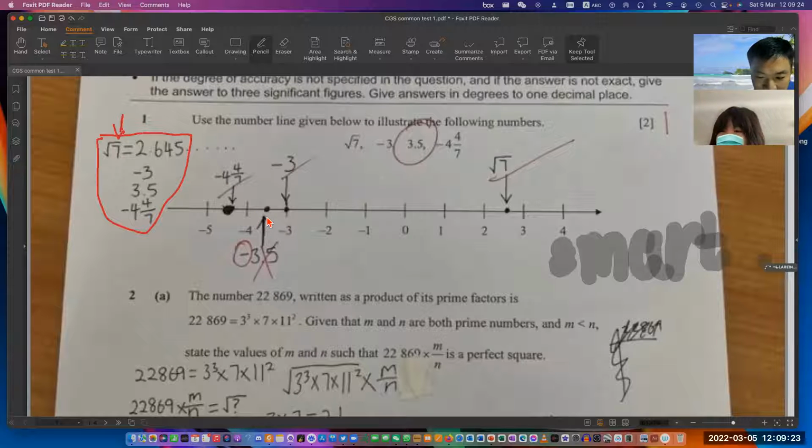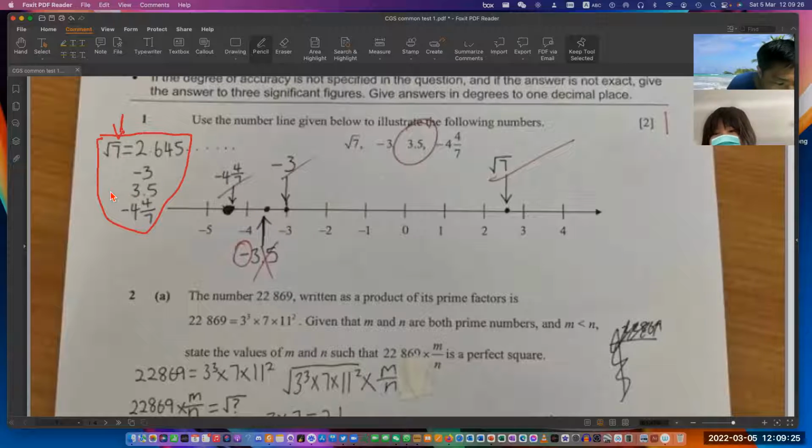But surprisingly, you have written 3.5 here, but I don't know where you get your negative 3.5.